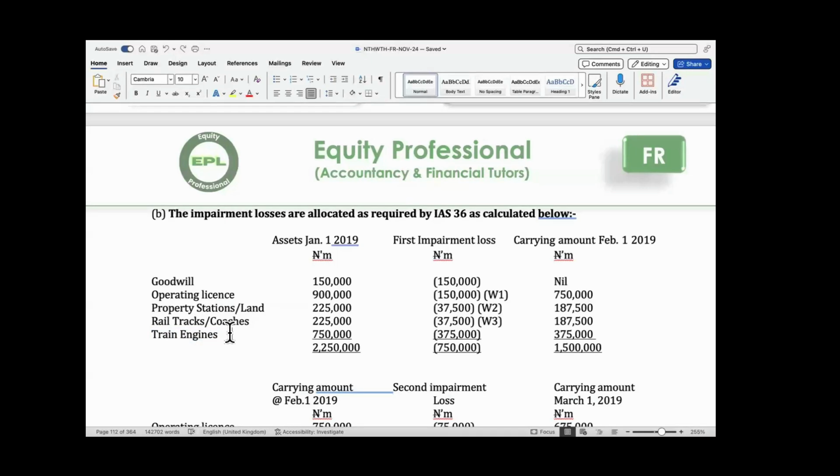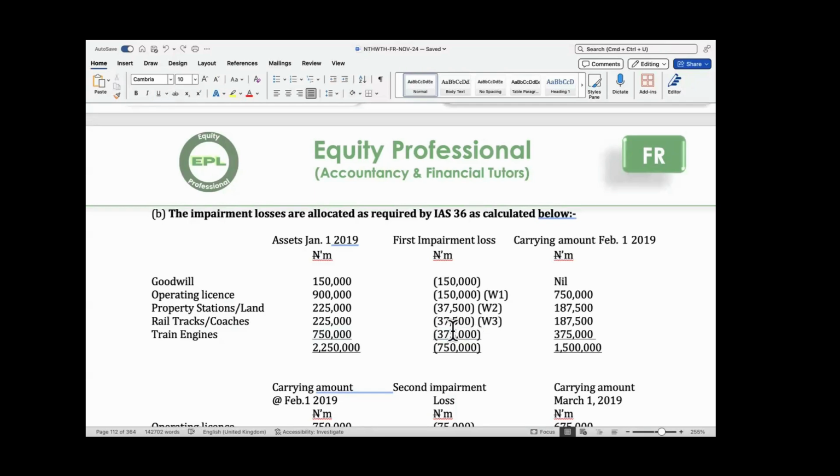So it will be allocated to these items in the CGU in the order I've just mentioned. Number one is to a physically damaged asset. So we're told that one of the twin engines got damaged. Since there are two engines and the value together is 750, that means one of them will be 375. So out of the 750 impairment loss, 375 will be allocated to the engine because it's completely destroyed.